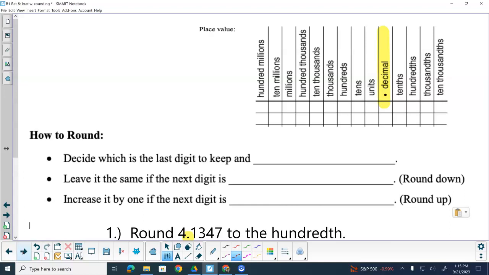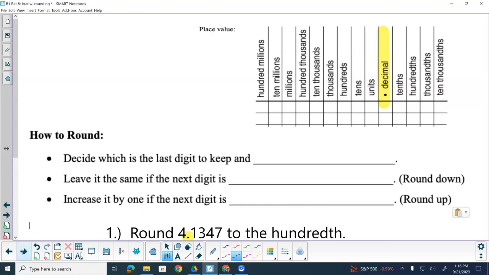The first thing you have to do is decide which is the last digit to keep, meaning what you're going to round to. The problem will tell you what to round to.